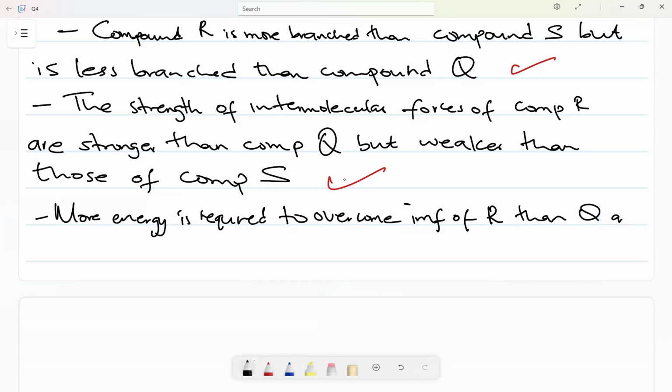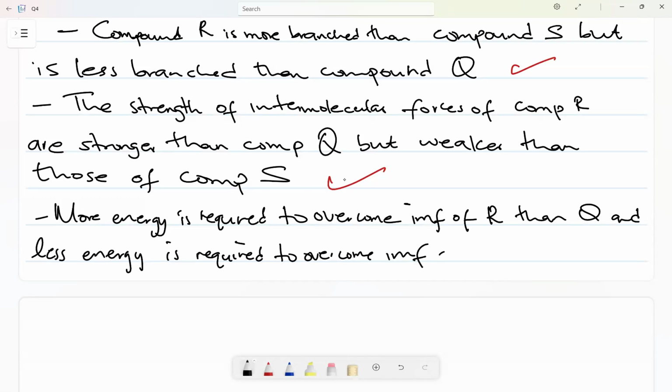More energy is required to overcome intermolecular forces of R than Q, and less energy is required to overcome intermolecular forces of R than S. So this tells you R has intermolecular forces that are greater than Q, but less than S. So R is between what?